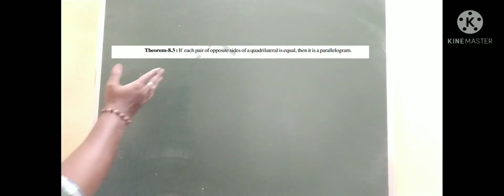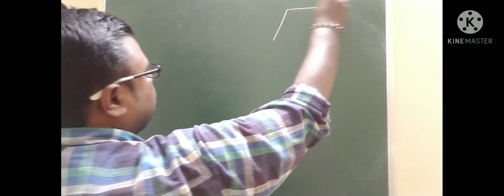Say, if each pair of opposite sides of a quadrilateral is equal, then it is a parallelogram. So let me take a rough diagram like this.